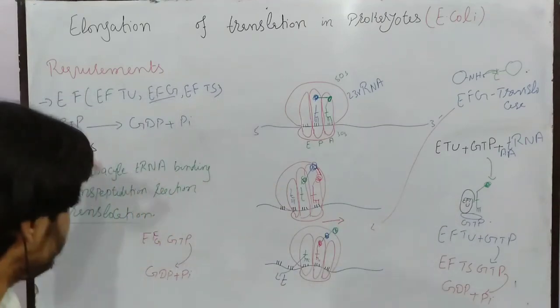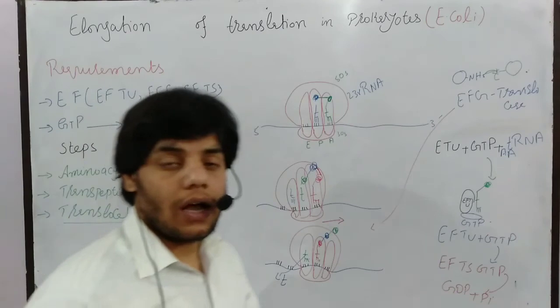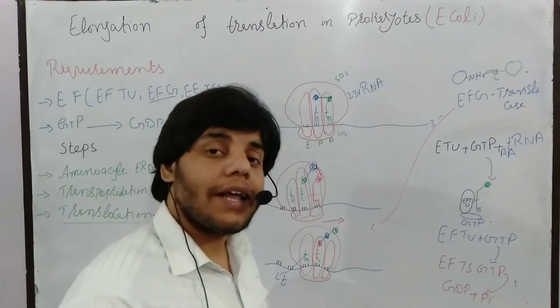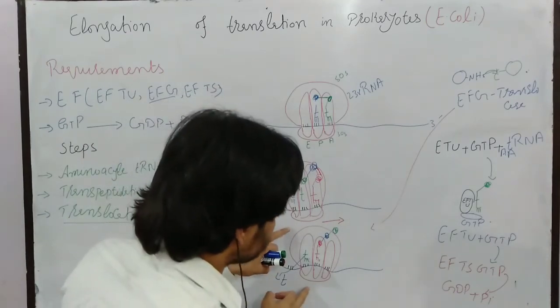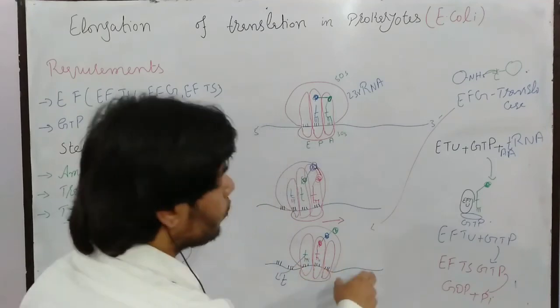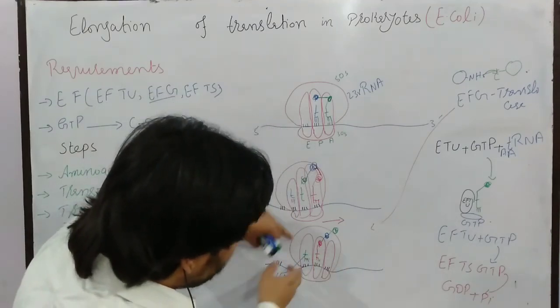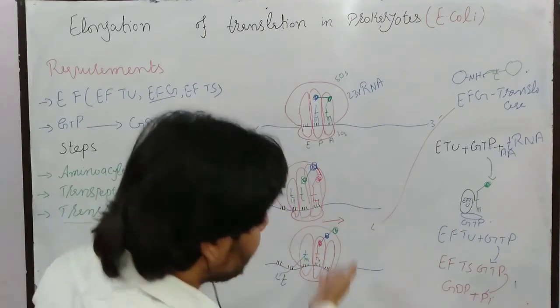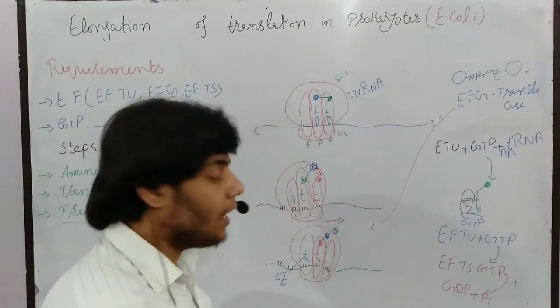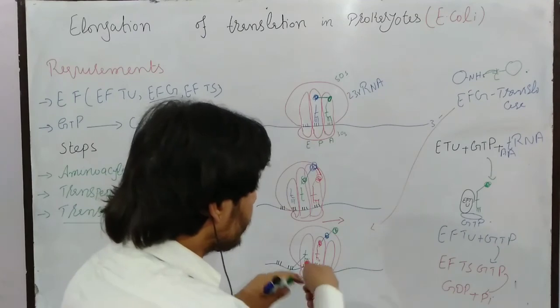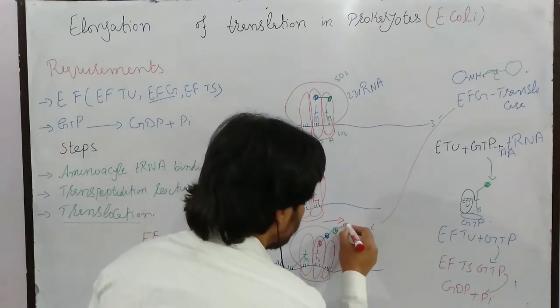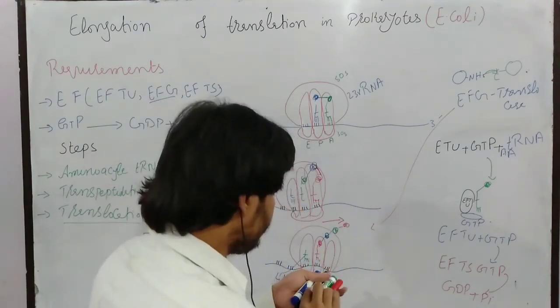So we can say these three steps are repeated again and again until the ribosome moves to the stop codon. As you can see, it leaves one codon at a time, and in this way we get the long chain of amino acids.